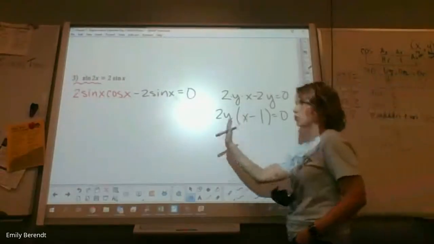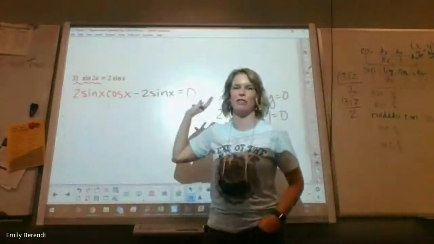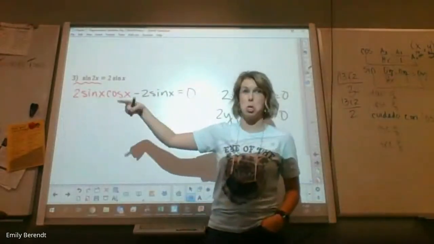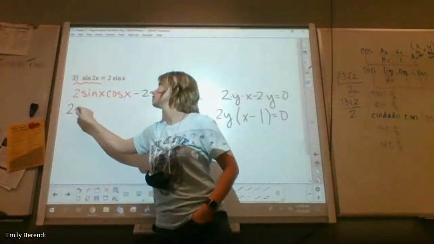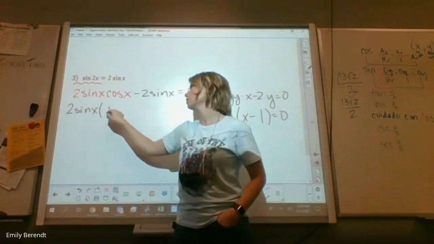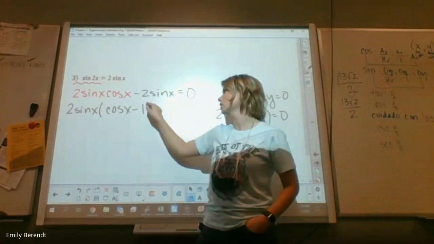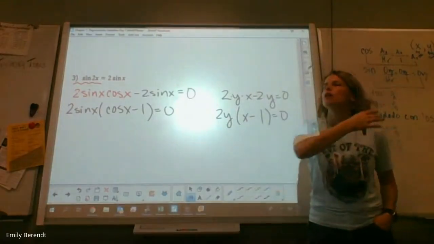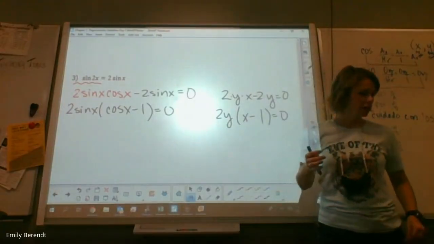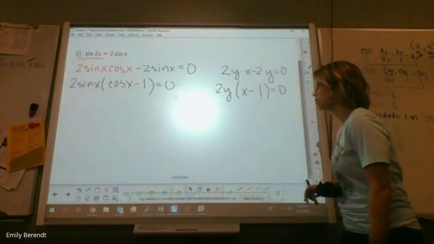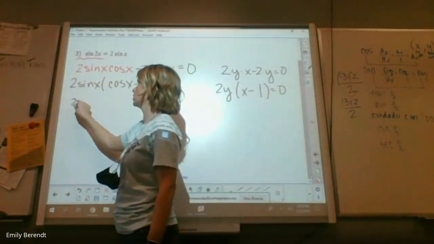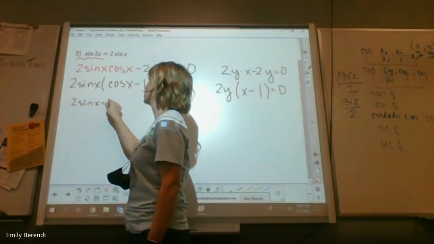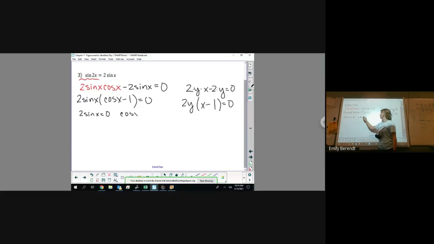Over here with the trig words, you're going to factor out 2 sine x, leaving us with cosine of x minus 1 equals 0. Once you've got it factored, you're ready for your zero product property. So we set 2 sine of x equal to 0 and cosine of x minus 1 equals 0.